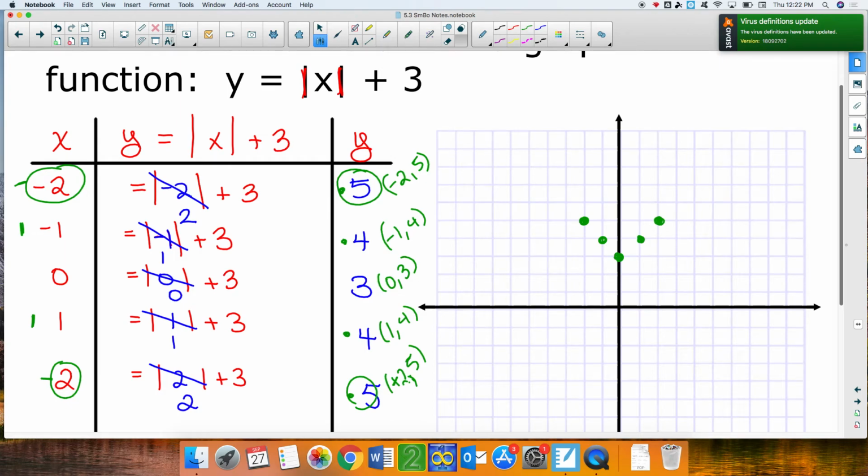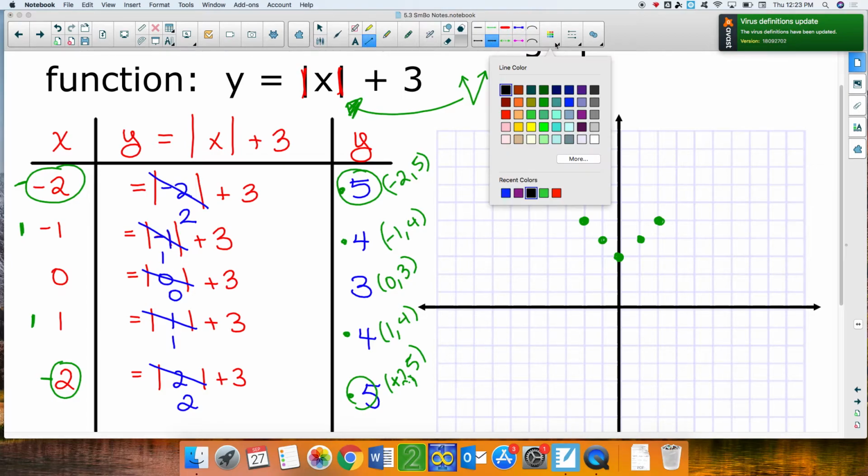If you notice, this does not form a line, but instead it is going to form a V. So this is the key. When you see absolute value, your graph should look like a V, and it can either be going up or going down.